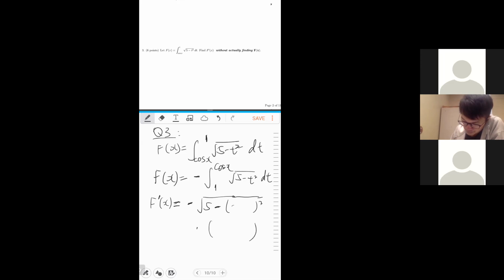And for the second something? Yep, so the second one would be the derivative of cosine of x. And this is by the fundamental theorem of calculus plus chain rule.